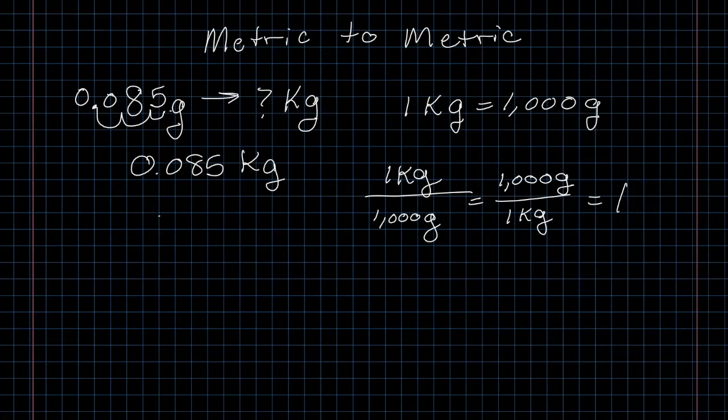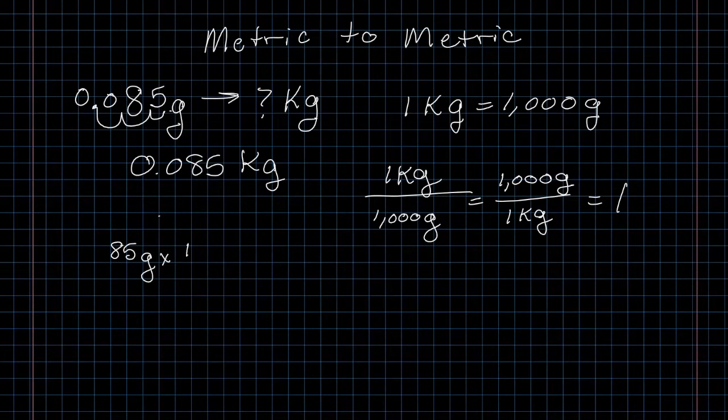So, since we know that you can always multiply any number by 1 and get the same number, we can have 85 grams, and we're going to multiply that by the version of this factor over here that has grams in the bottom so that the grams will cancel out.